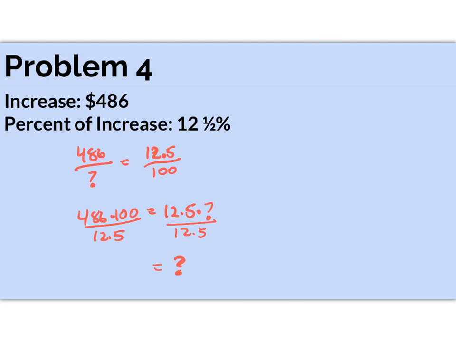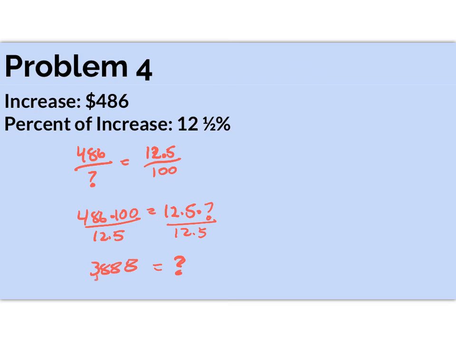And now, for a number like this, put it in the calculator like it's written. Do 486 times 100, then divide that amount by 12.5. So do 486 times 100, hit enter, then you'll get a big number, 48,600. Then we divide that number by 12.5, and you get 3,888.